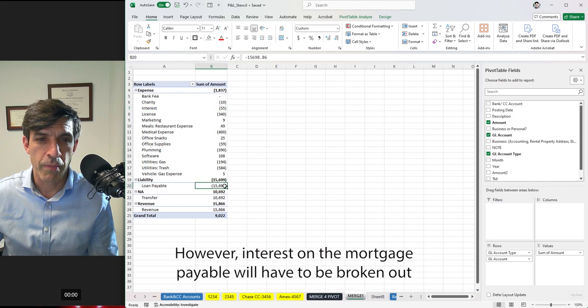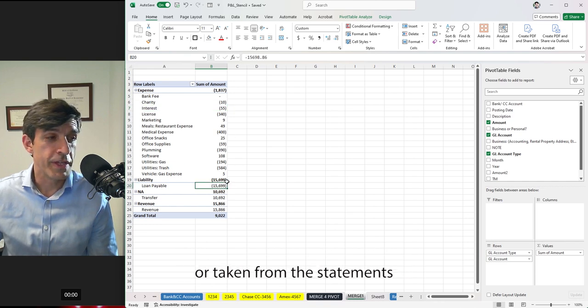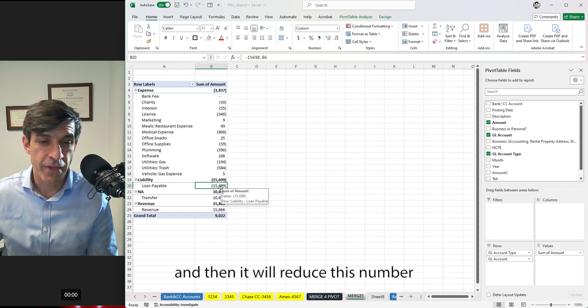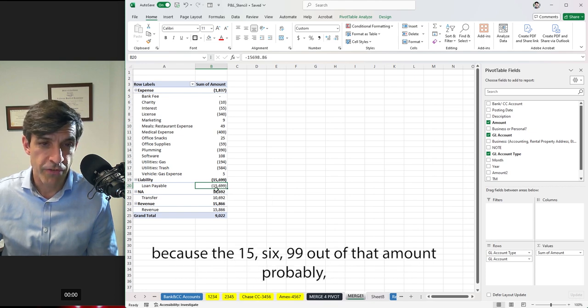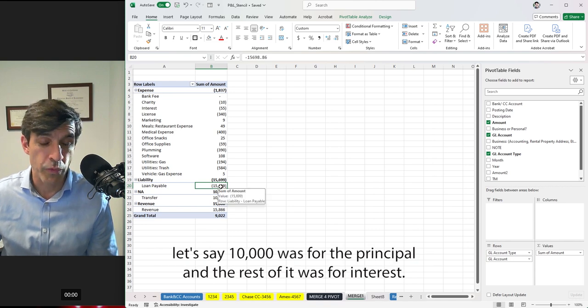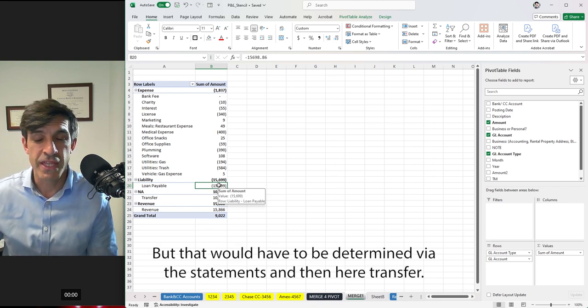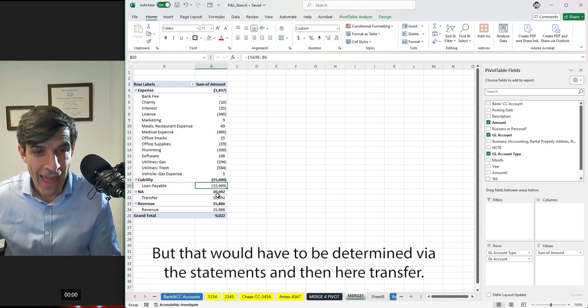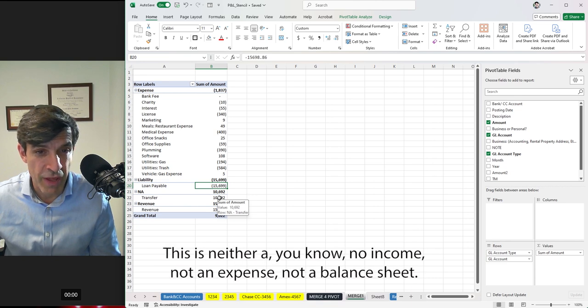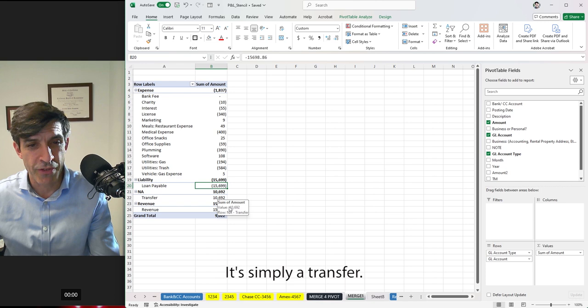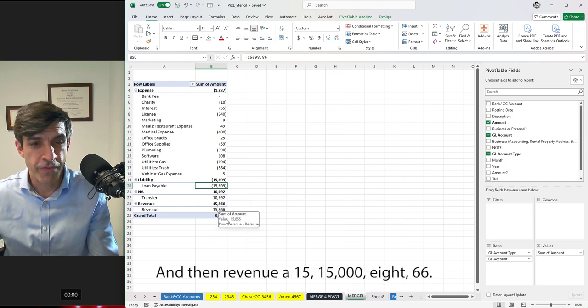However, interest on the mortgage payable will have to be broken out or taken from the statements, and then it will reduce this number, because of this 15,699, probably let's say 10,000 was for the principal and the rest of it was for interest, but that would have to be determined via the statements. And then here, transfer: this is not income, not an expense, not a balance sheet item, it's simply a transfer. And then revenue of 15,866.